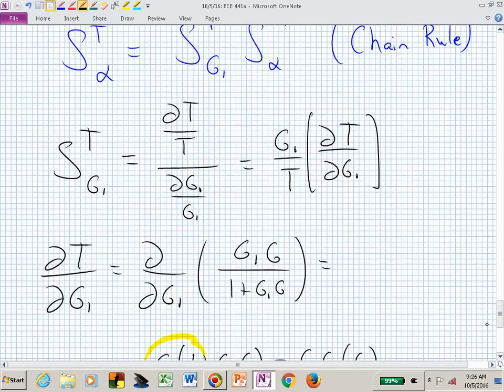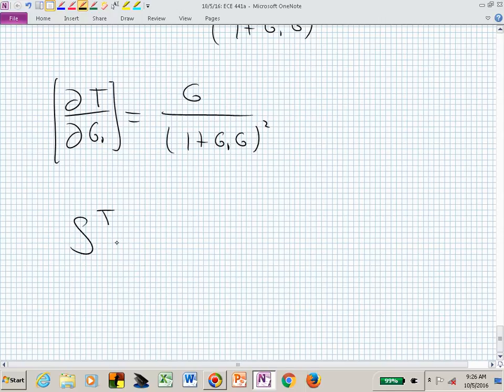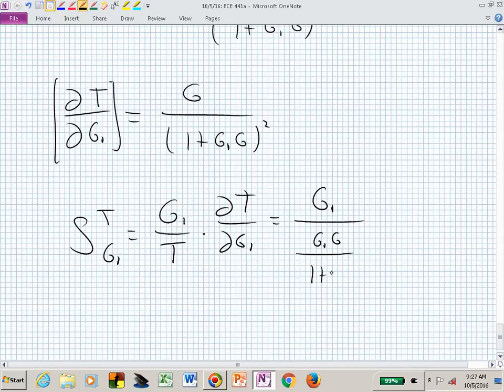That's just a piece of this overall sensitivity. We now need to scale that by the division of G1 and T. Or now we have the sensitivity of T with respect to G1 is G1 over T times this partial of T with respect to G1, and that's now G1 over, T was G1 G over 1 plus G1 G, times G over (1 plus G1 G) squared.